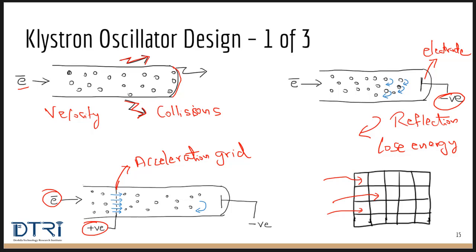Few electrons may hit the grid and they will lose energy. So ignore these electrons. Now the electrons which have crossed the grid and reached the other side reflect due to the negative polarity of the electrode.